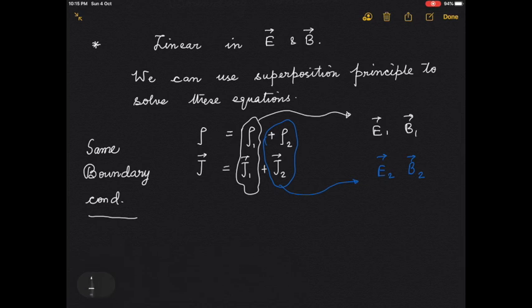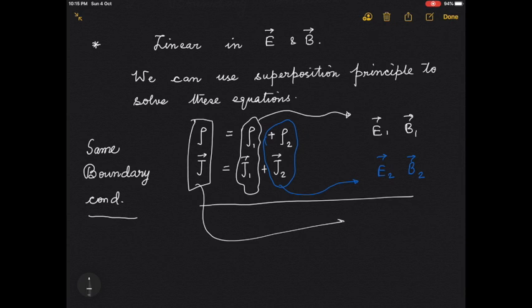Okay. Now, the solution for rho and J as the sources will be E1 plus E2 and B1 plus B2.